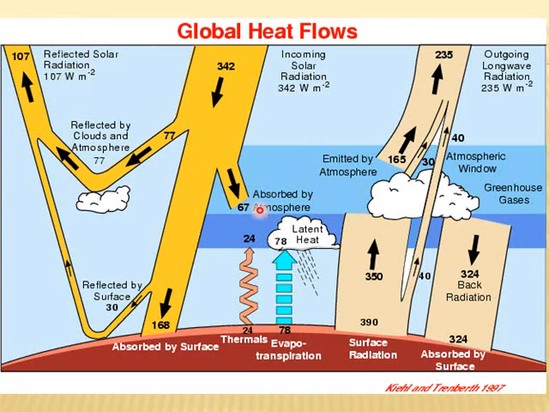Some of it is even absorbed into the atmosphere because some of it's still infrared. But a lot of it still gets through and is absorbed by the surface. When it spits it back out, though, it spits it back out in the form of infrared. So it spits it out, okay, and it spits it out towards the Earth. However, a lot of it's radiated back down, and so there's a bunch just bouncing around in here. In the end, though, the same amount that comes in will be the same amount total that leaves.